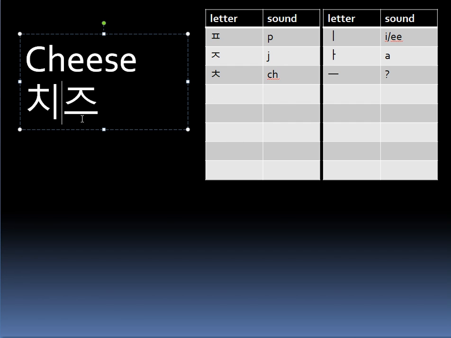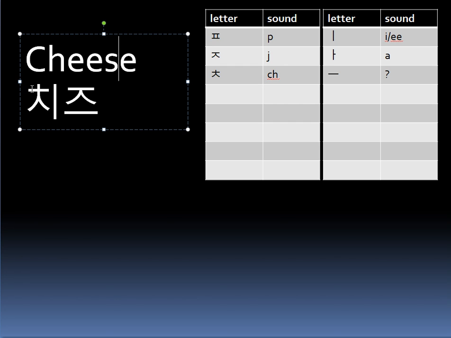Okay, here's another thing we need to learn. In English, they put the letters side by side, just like this, in a row, they just keep adding one after another, like cheese. Korean words are not built like that.